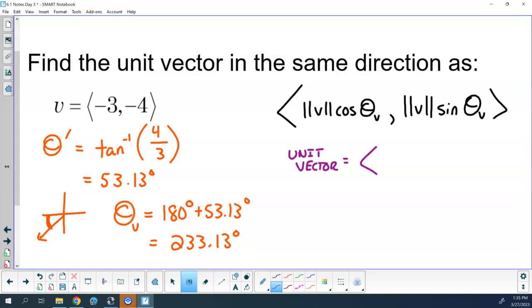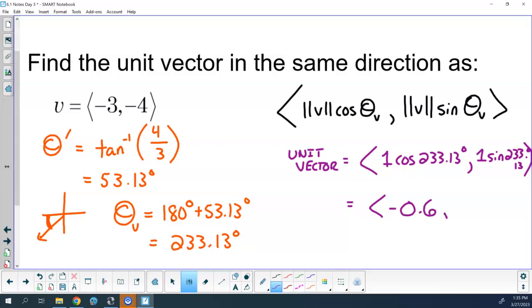So the unit vector, in the same direction as that, my magnitude would be 1 because it's a unit vector, times the cosine of 233.13 degrees, comma, magnitude is 1, sine of, sorry, I ran out of space there. So I would take the cosine of that angle, and I would get negative 0.6.